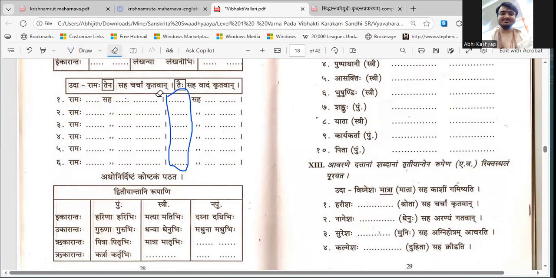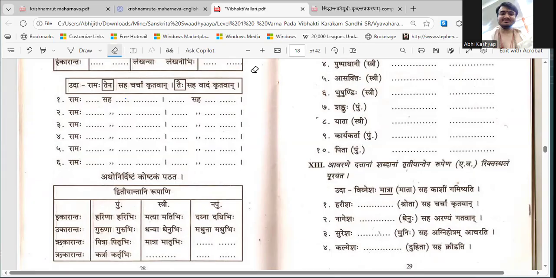So with that, this is the last one of the tritiya vibhakti. We complete Tritiya Vibhakti, so the next class we can start with Chaturthi Vibhakti. Again, for this also, the assignment would remain same. What are the uses of Tritiya Vibhakti? With examples, you have to mention it.